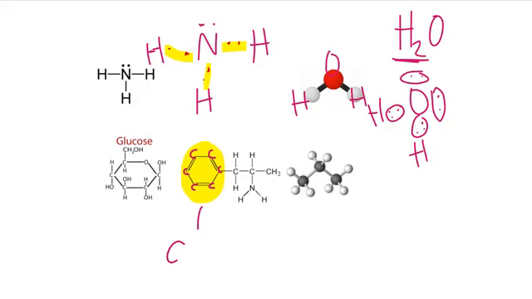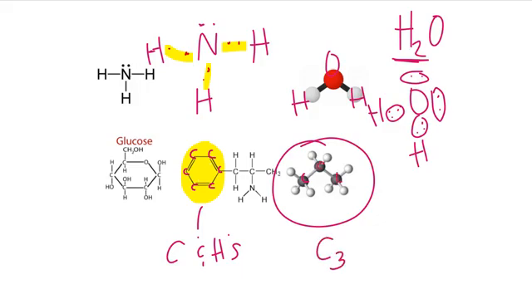So these are all C's and H's. Over here to the right, we have another kind of representation. This is showing us carbon, carbon, carbon, so this would be C3, and then also carbon surrounded by H's. So we'd have 3, 6, 7, 8. This would be propane.